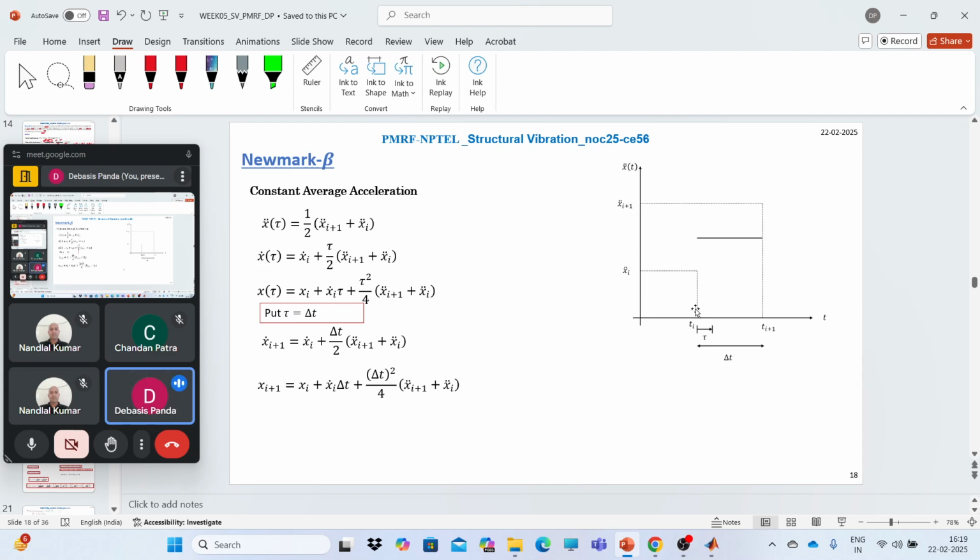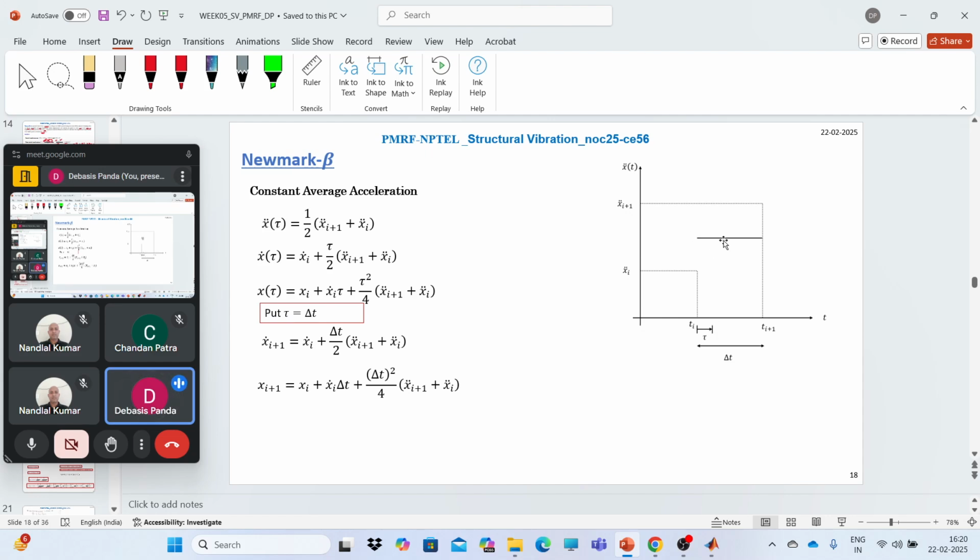So here, if we consider two time steps at ti and ti plus 1, where at ti my acceleration is xi double dot, and at ti plus 1 my acceleration is xi plus 1 double dot, obviously the average, that means if I want to take any point in between ti and ti plus 1, I will have the average acceleration here.